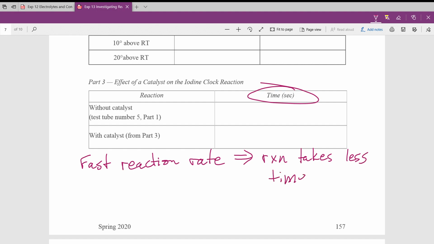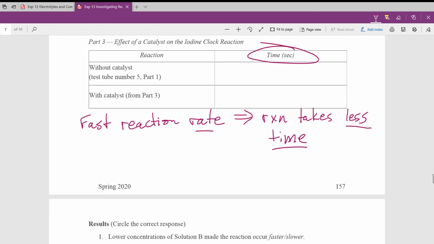Just like if you travel at a high rate of speed, it will take you less time to get somewhere, right? If you travel at a low rate of speed, a slow rate, it will take you more time to get somewhere. Same thing goes for chemical reactions, okay? Fast reaction rate takes less time for the reaction to occur. Slow reaction rate takes more time for the reaction to occur. Don't get confused there, okay?